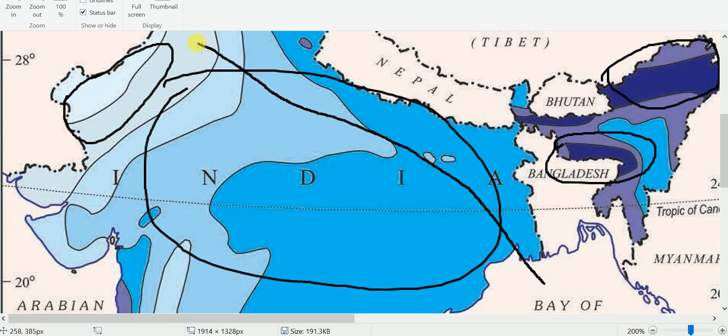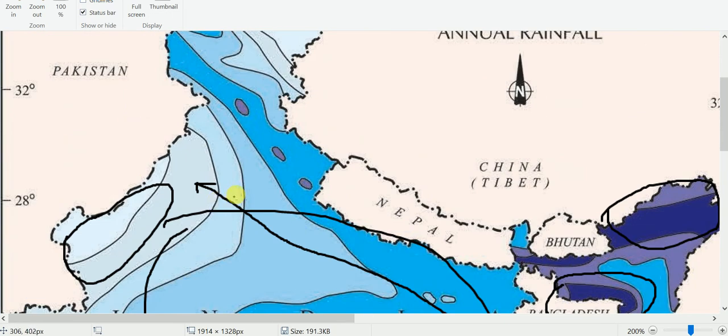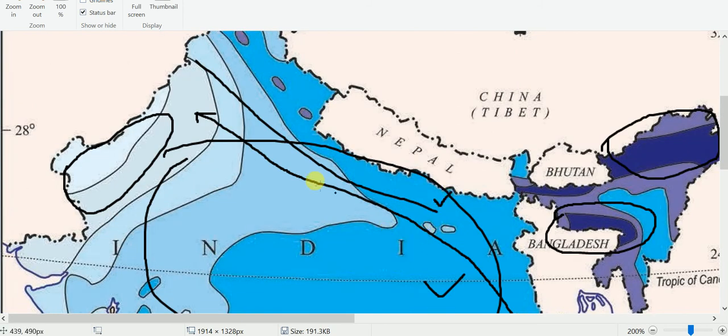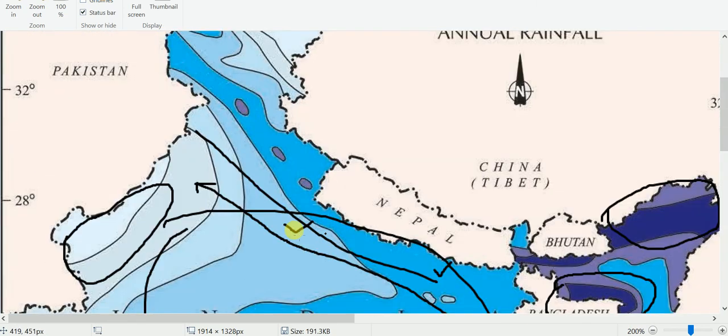These color codes represent rainfall between 100 to 200, then 60 to 100, then 40 to 60, then 20 to 40, then less than 20. So in this way, in the northern plain, the amount of rainfall decreases from the east towards the west.